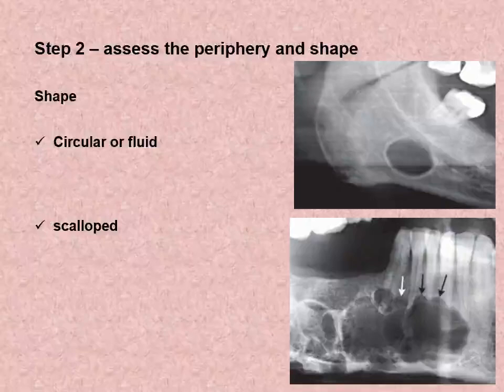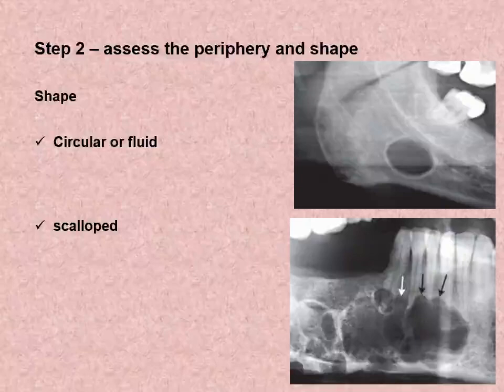Here we need to clearly understand the difference between periphery or border and shape. The border is the junction between the normal bone and the pathology, only a small area, whereas shape is when we consider the whole complete pathology.